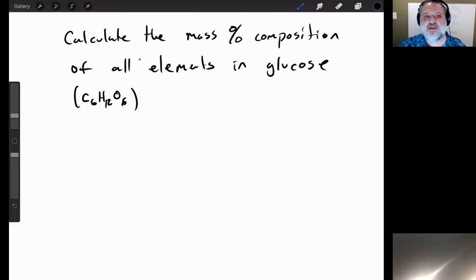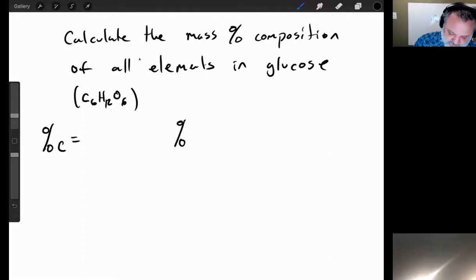Right, so let's do this practice problem. Let's calculate the mass percent composition of all elements in glucose, C6H12O6. So that means I'm going to have a mass percent composition for carbon, a mass percent composition for hydrogen, and a mass percent composition for oxygen.